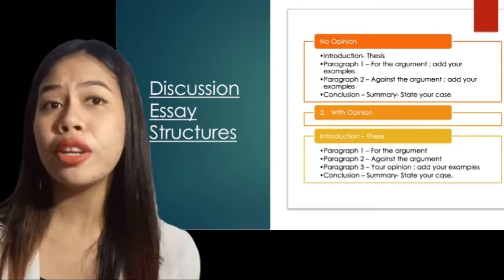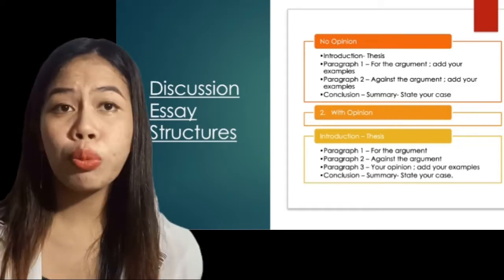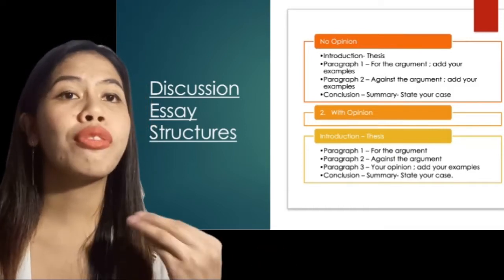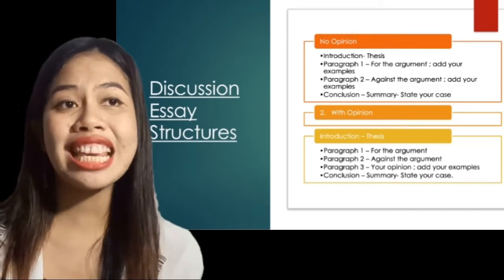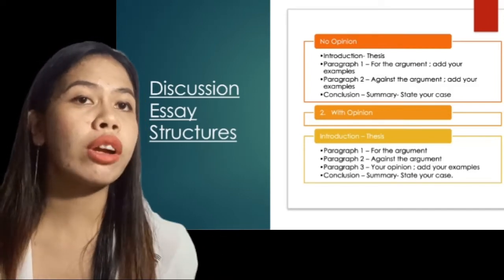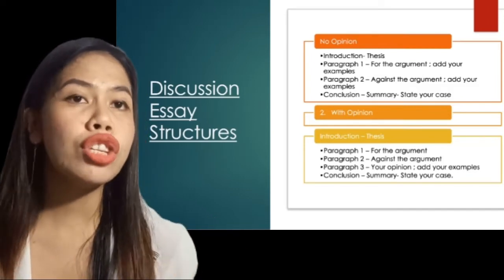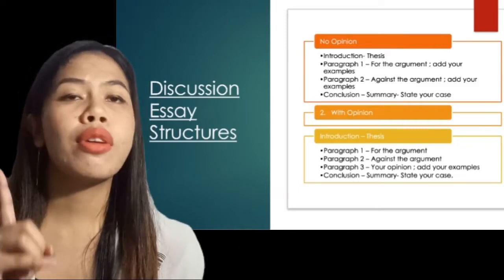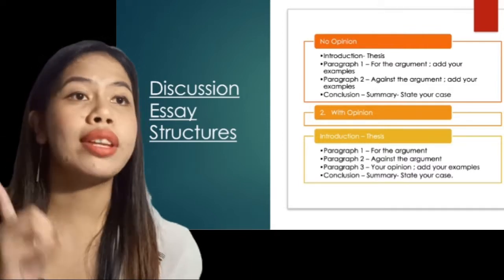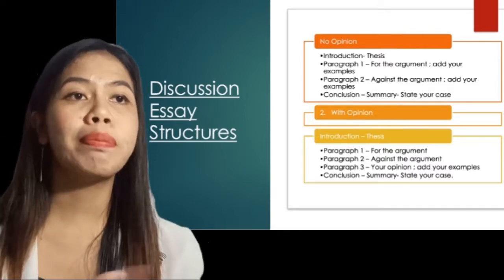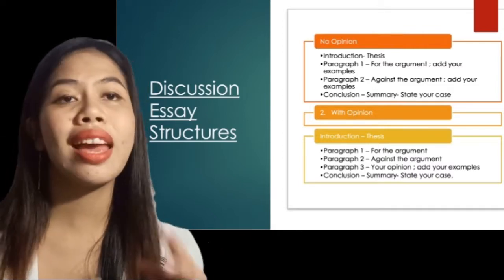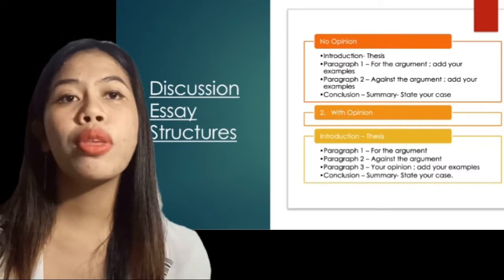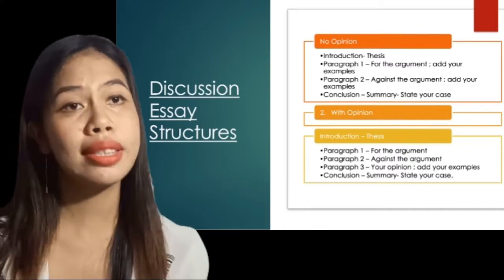And then for the with opinion structure, it is where your opinion comes in. For the introduction, just like with the first structure, you need to state your thesis. And then for the first paragraph after the introduction, you need to state the argument or the first case, or the first side of the story or the statement. And then for the second paragraph, you need to state there the argument against the argument or the second side of the story or the statement.